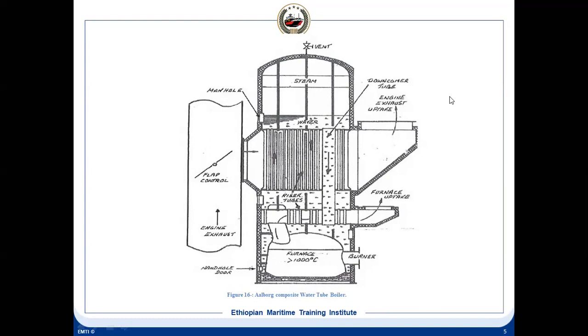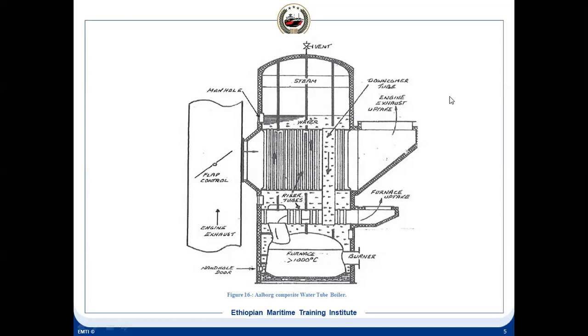In the same boiler shell, you have different areas where one part is water tube and the other part is smoke tube. That is also like a hybrid composite boiler. It seems like that, but I don't know what name can be given to this kind of boiler.